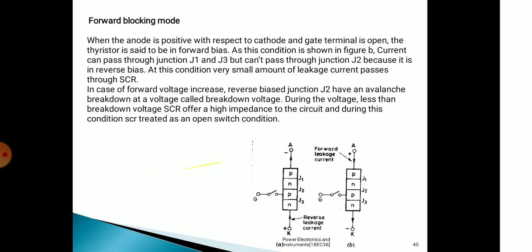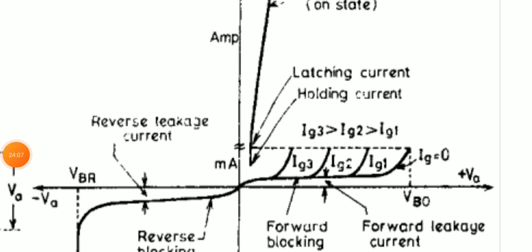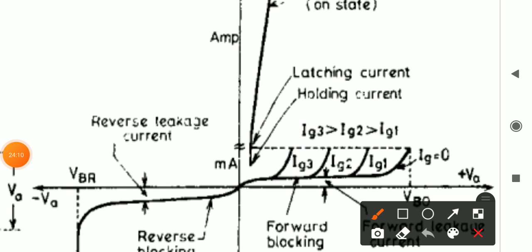You can see in the graph, this is the latching current. Immediately, if a breakover voltage is applied across the SCR, the SCR voltage suddenly reduces and it will start conducting. So this current is the latching current and the current below this one is the holding current.